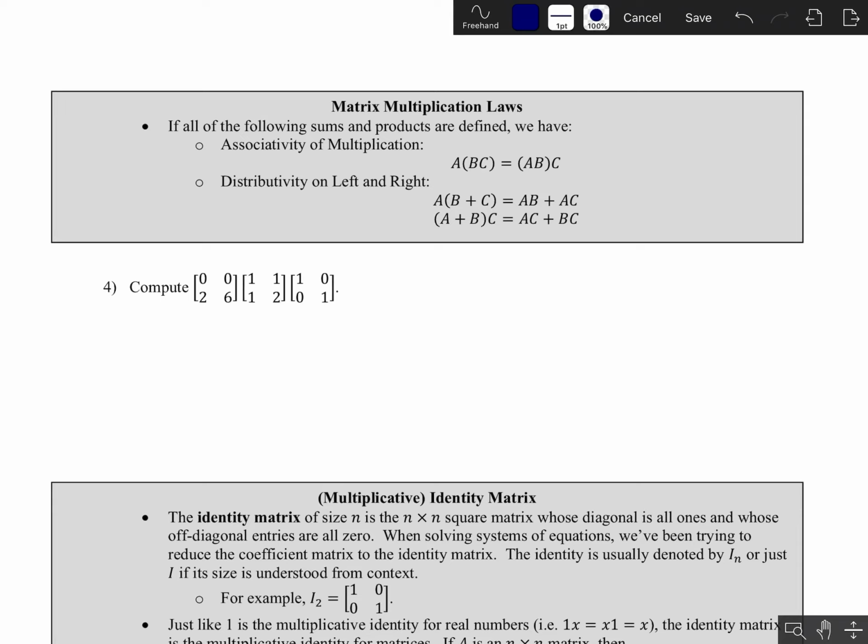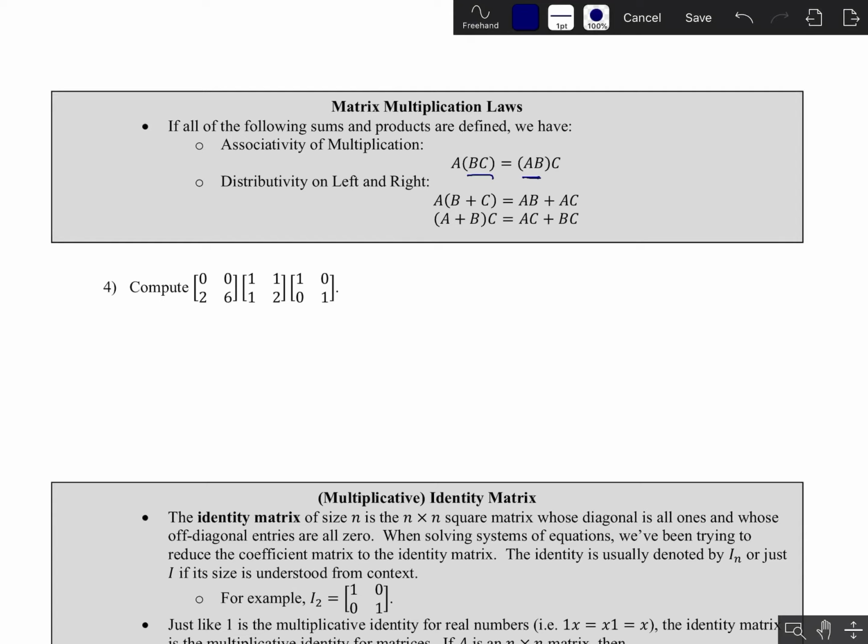One is associativity. That says that if you're multiplying 3 matrices in a row, it doesn't matter which way you associate them. So you could first multiply B times C and then multiply that product by A, or you could first multiply these left 2 matrices and then multiply by C. In both of these products, A, B, and C are kept in their original order, so the original order does matter.